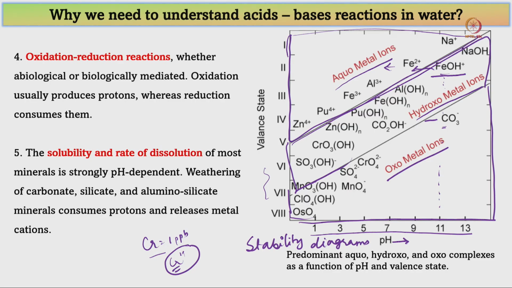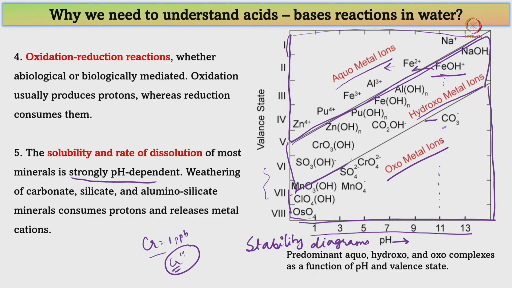Generally metals do not dissolve in water, or it will take a very long time. But what will make it dissolve much faster? pH. So, you try to use acids for digesting sediments, for dissolving particular minerals. So, the solubility and the rate of dissolution of minerals is very strongly pH dependent.